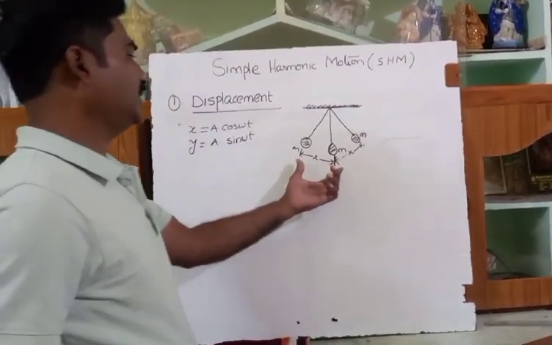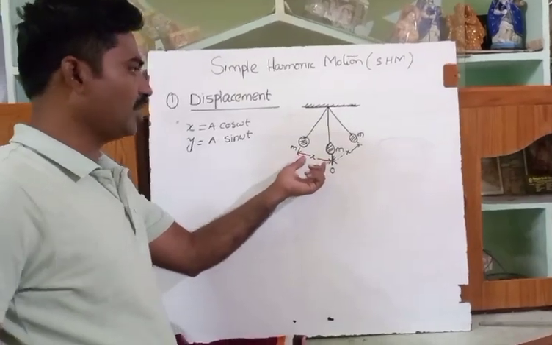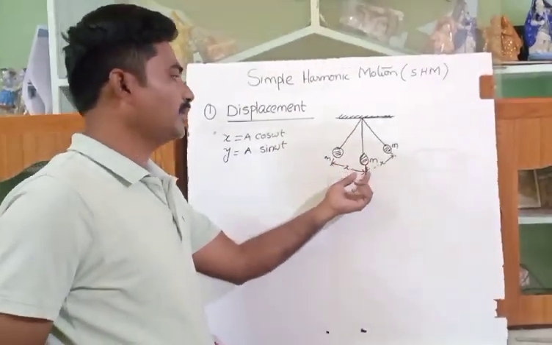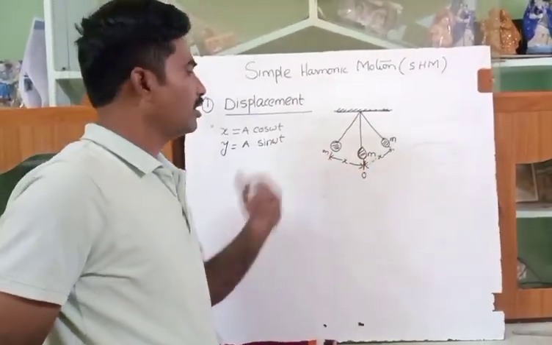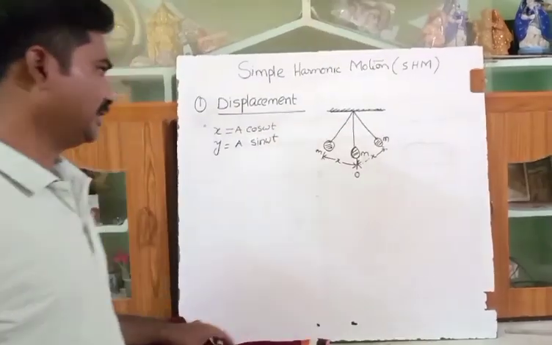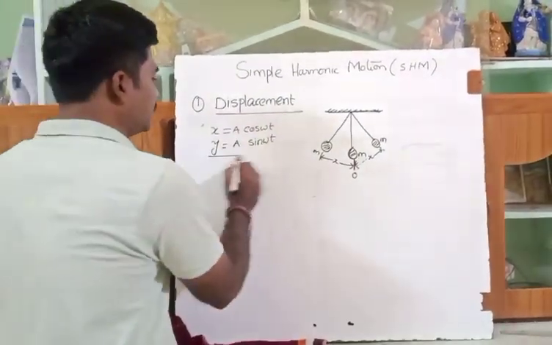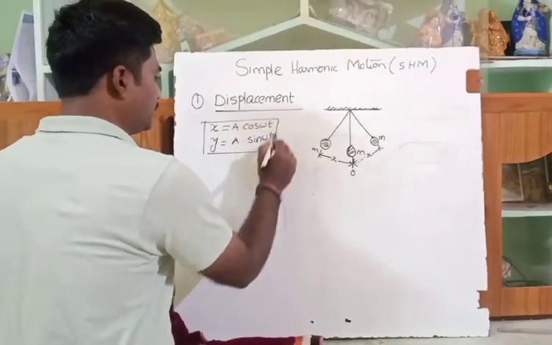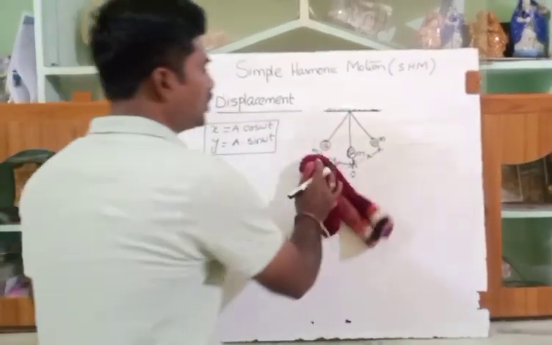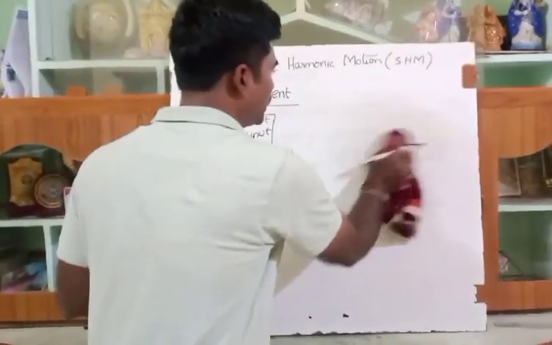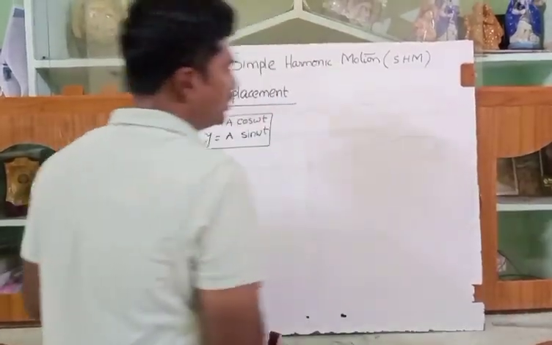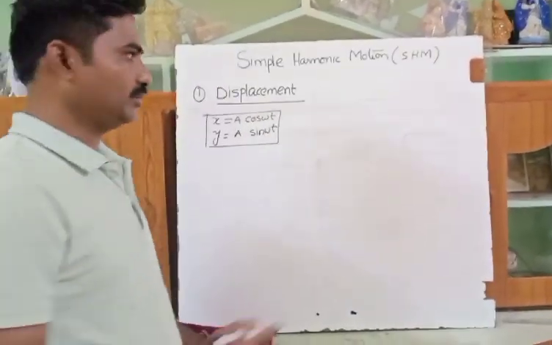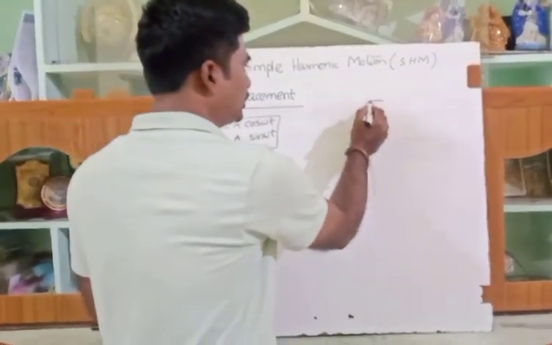So here it represents the distance of the position from the mean, called displacement. Now we can also derive these formulas by using the projection of a particle in uniform circular motion.